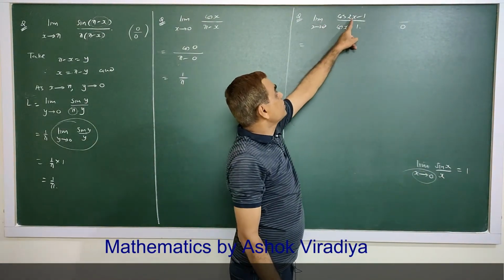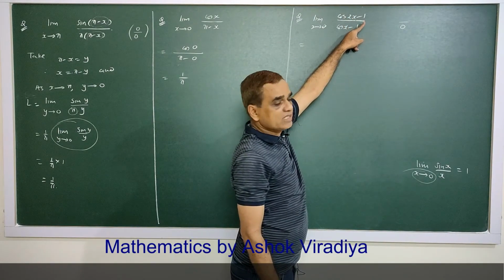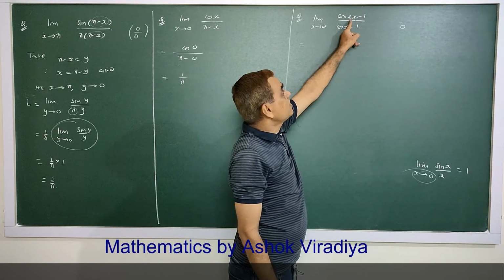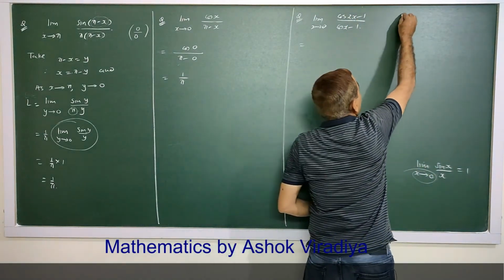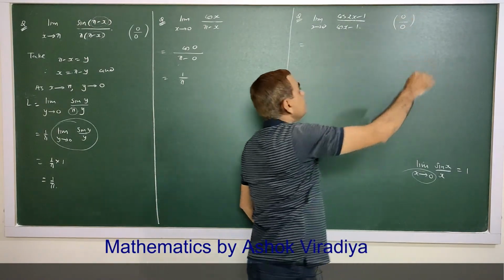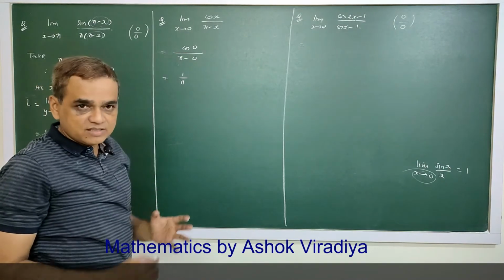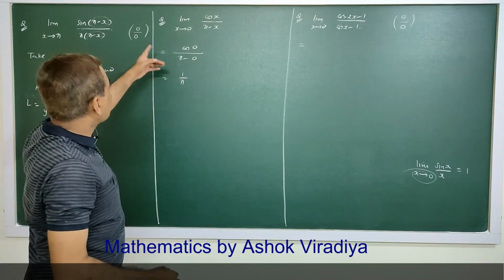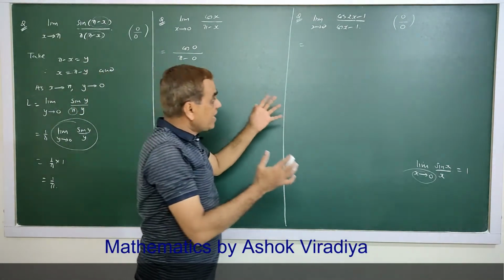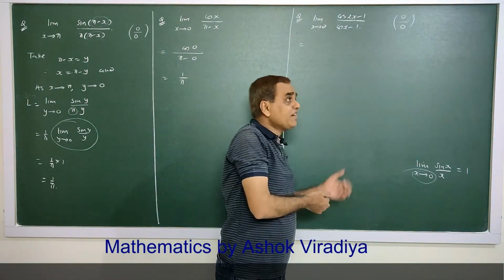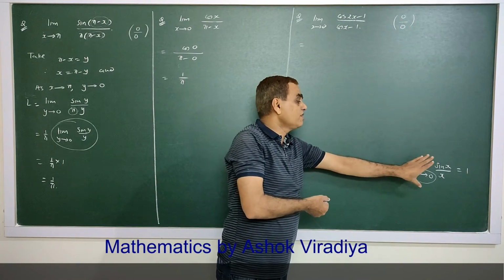Put x equal to 0 in the numerator. So cos 0 minus 1, cos 0 is 1, so 1 minus 1, 0. So this is also 0 by 0 form. So we cannot put the value of x. Put the value of x only if the denominator is non-zero. Otherwise we have to perform something.